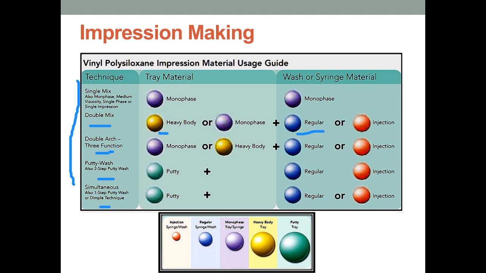So it should be in combination. Like in the first, it is a monophase, so there is no need for light body. Only one material is required for making the final impression. Like here, the monophase and the light body. So it depends upon the technique which you are using and which material you can use for a particular technique.